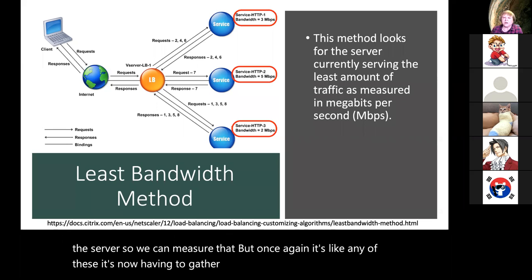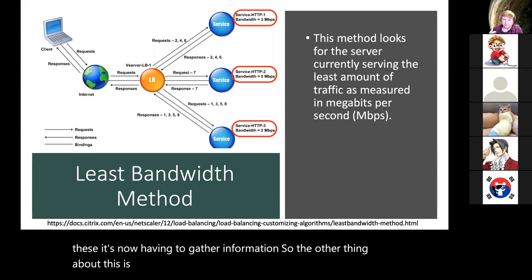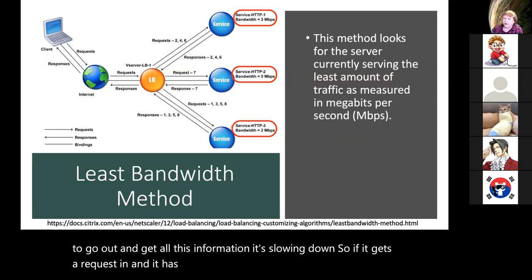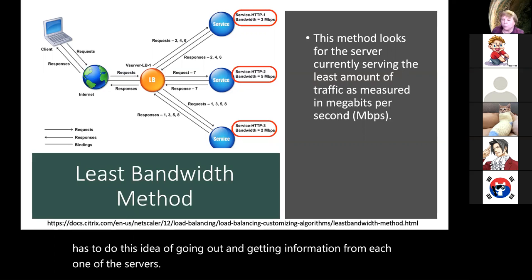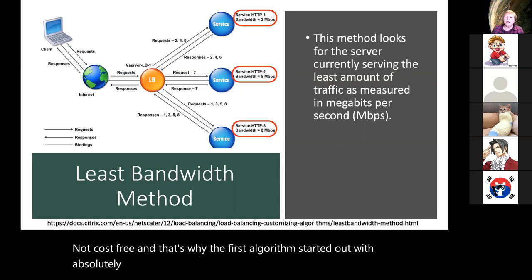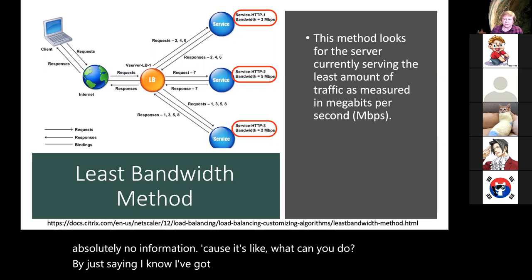The other thing about this is how slow is the load balancer going to be? As it has to go out and get all this information, it's slowing down. So if it gets a request in and it has to go out and get information from each one of the servers, that's not cost free. And that's why the first algorithm started out with absolutely no information, because it's like, what can you do by just saying, I know I've got these servers out there, I'm just going to parcel them out without anything.